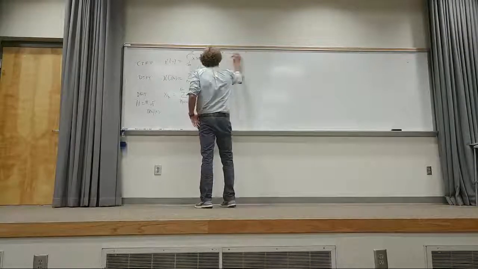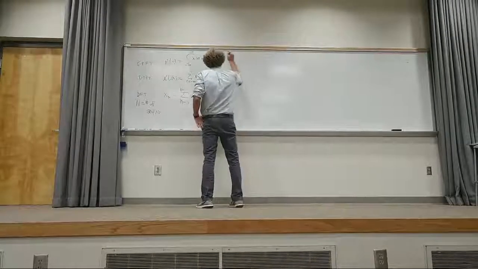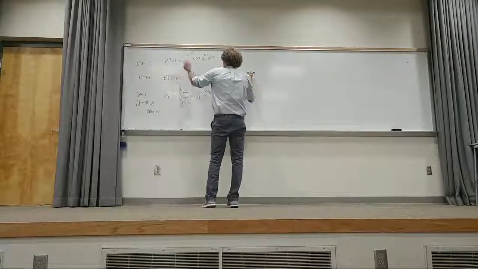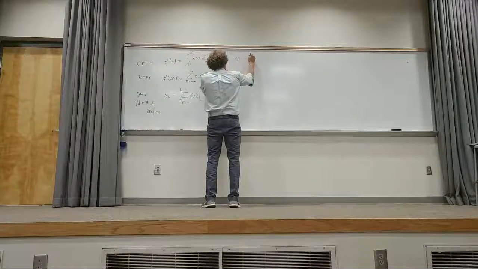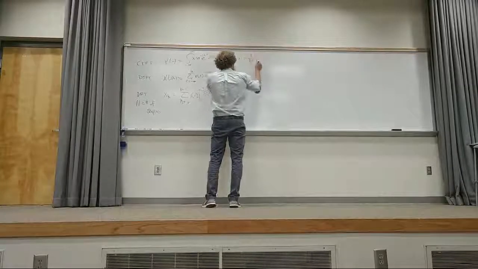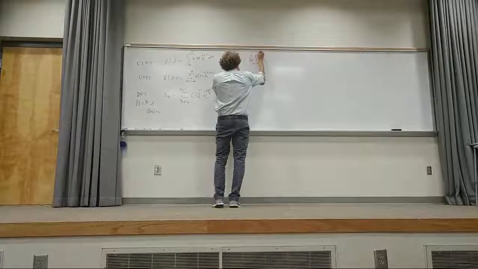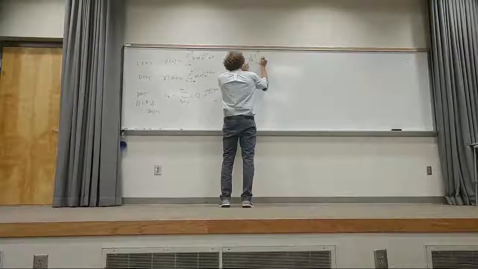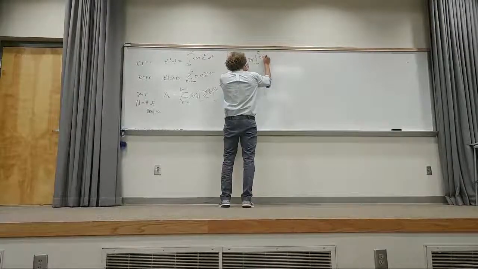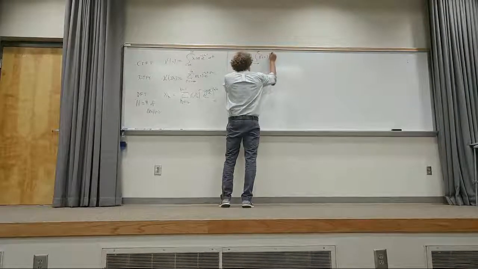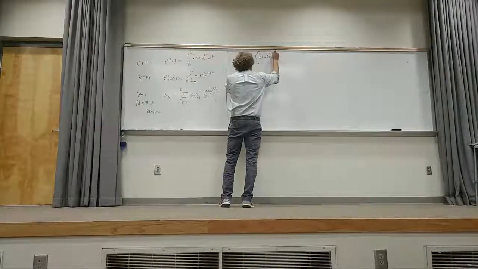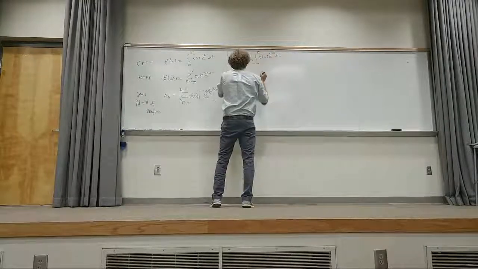I'm going to go ahead and put also the inverses right here too. For the continuous time Fourier transform, x of t was equal to what? 1 over 2 pi, the integral from minus infinity to infinity of X of omega times e to the plus j omega t d omega.